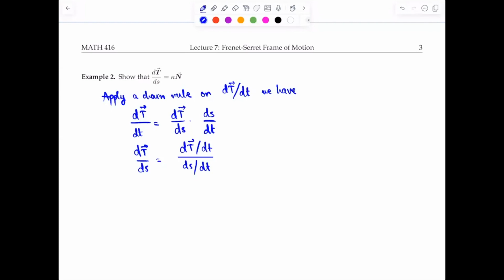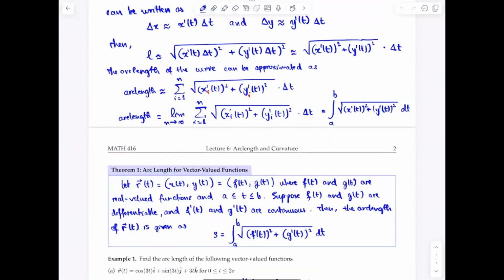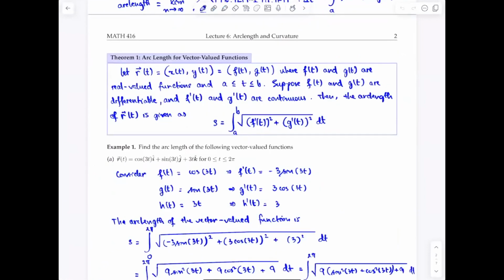Now what do we got? So for ds/dt, anyone remember what ds/dt means in the last lecture, lecture 6? All right, so let me go back to lecture 6. Right, so s is the notation that we use for arc length.